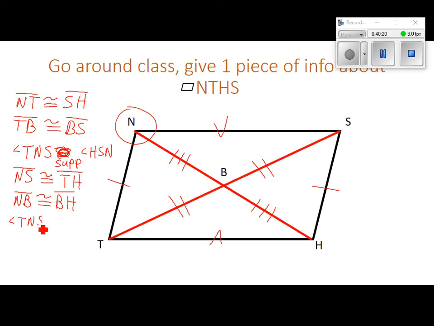If parallelogram, then the sum of interior angles equals 360. We have to explain it. You probably don't want to do that one, do you? How many angles do you have to name? Four. Do vertical angles. There's all kinds of stuff you can do. Vertical angles. So name me a pair of vertical angles.